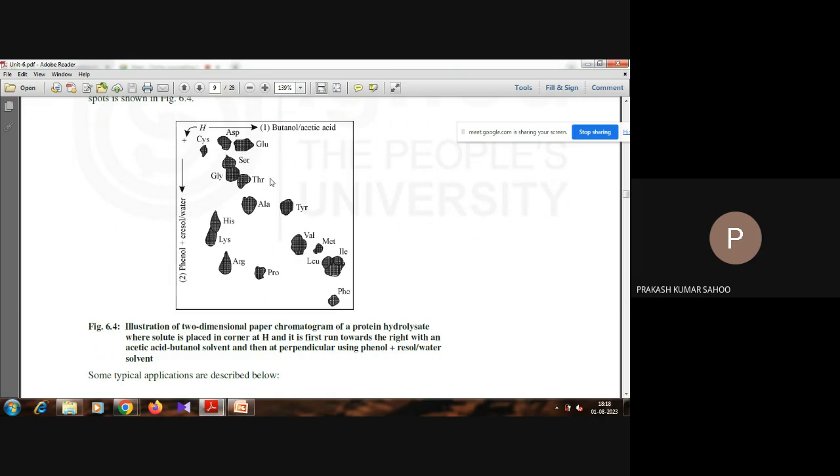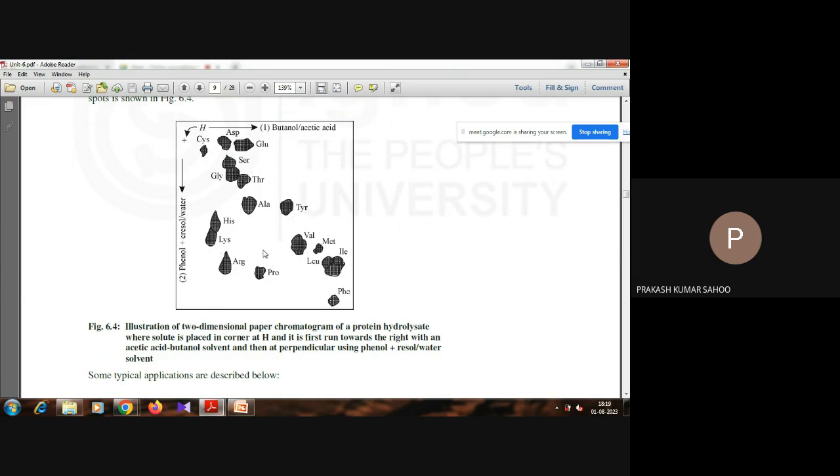This is horizontally. After the horizontal experiment, I also put the same corner vertically. Then vertically, samples like arginine, lysine, histidine, alanine, proline, tyrosine, valine, these amino acids got separated.